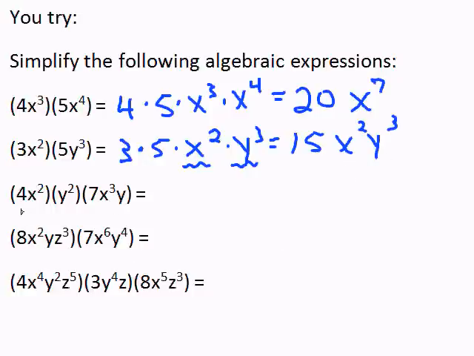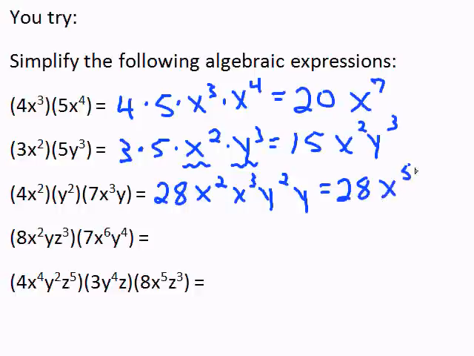Next one, I'm going to stop rewriting it out all the way because it's going to save me a lot of time. Let's take a look at this. 4 can be multiplied by the 7 because 4 and 7 are coefficients, giving me 28. x squared times x to the third, y squared times y, gives me 28x to the 5th, y to the third.